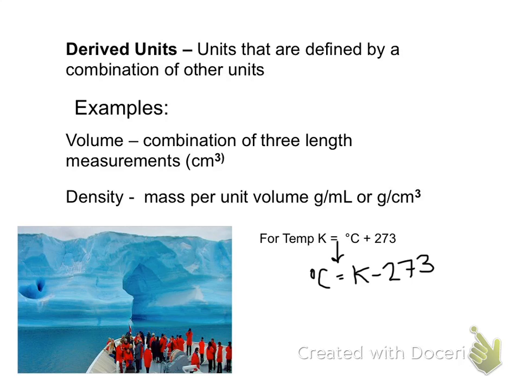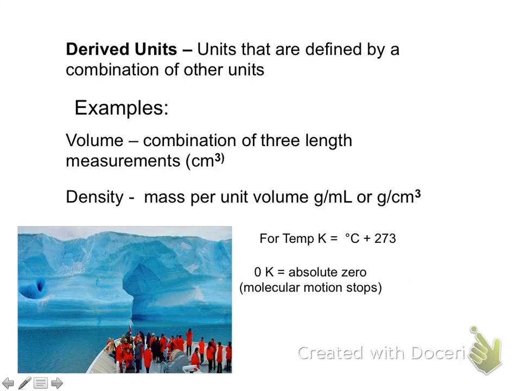Now the reason Kelvin is our base unit and degrees Celsius are a derived unit is because degrees Celsius are defined by degrees Kelvin, in the sense that degrees Kelvin reflect the existence of absolute zero at its 0 point. So at 0 degrees Kelvin, that's absolute zero, and that's where theoretically molecular motion would stop.